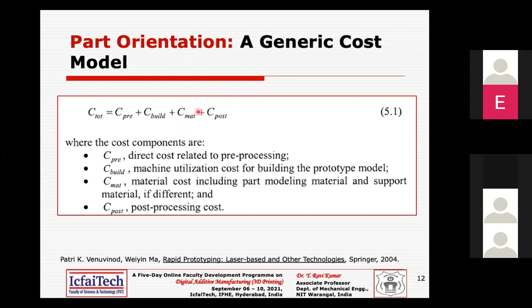You can't do anything about the material cost, and of course the build cost also, machine utilization and other overheads involved. But in the pre-processing stage, if you take care of all the constraints you come across, and all the design rules for additive manufacturing while preparing this, then you can save a lot of amount also. That's where we can focus. These are the cost models that we'll be talking about.